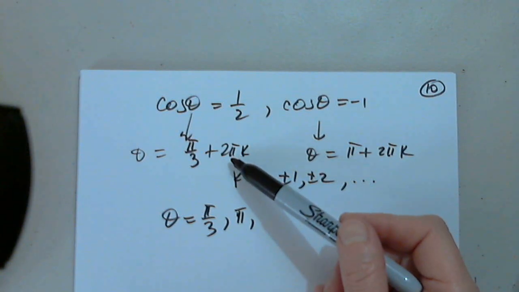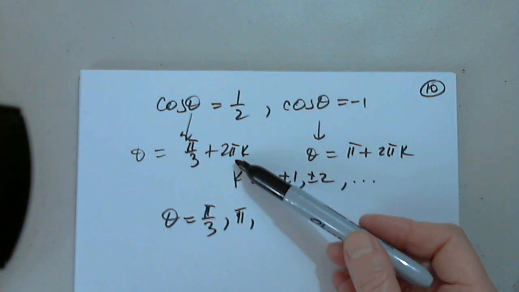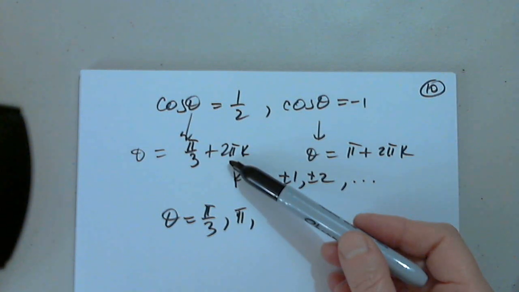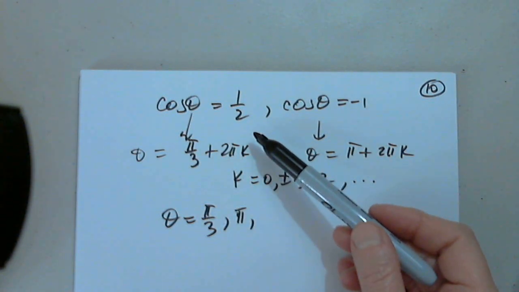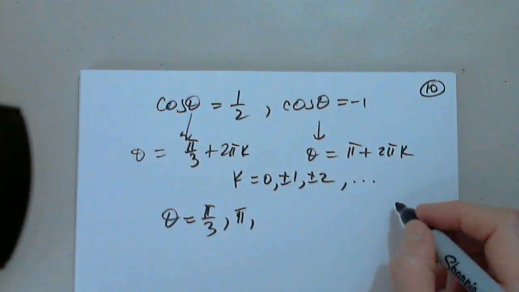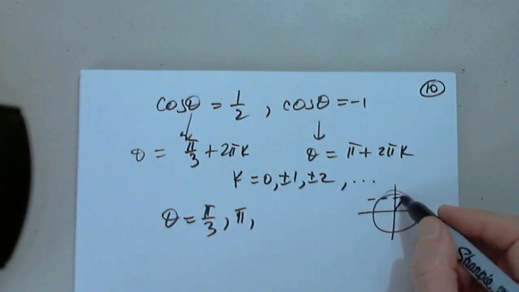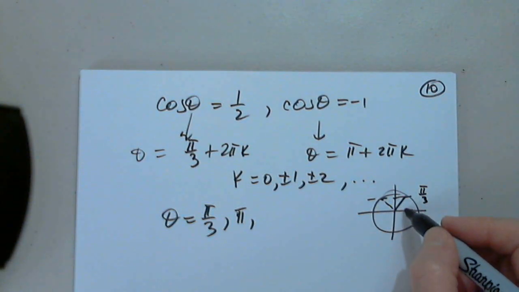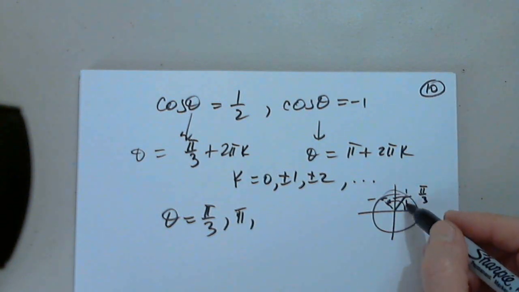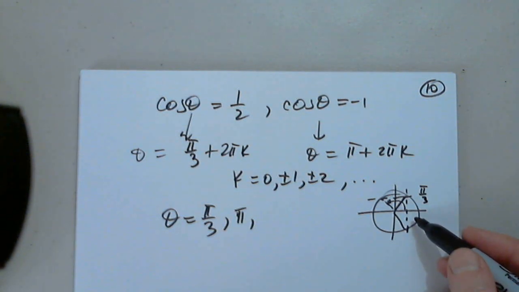For cosine theta equal to 1/2, we have 60 degrees or pi over 3, and we also have another positive angle, pi minus pi over 3.